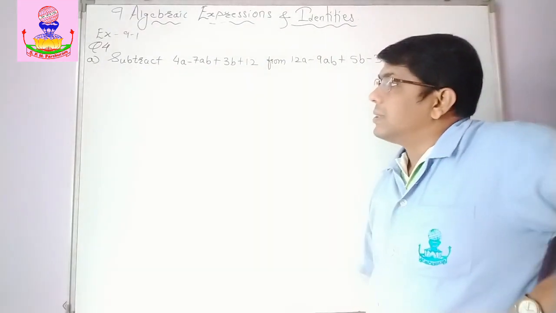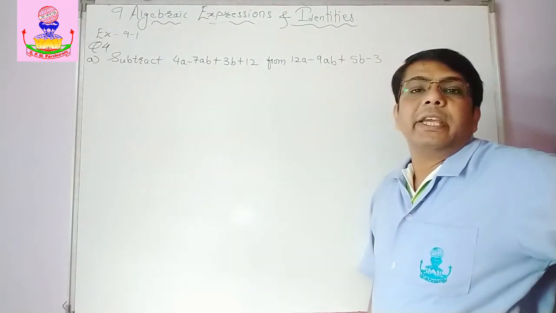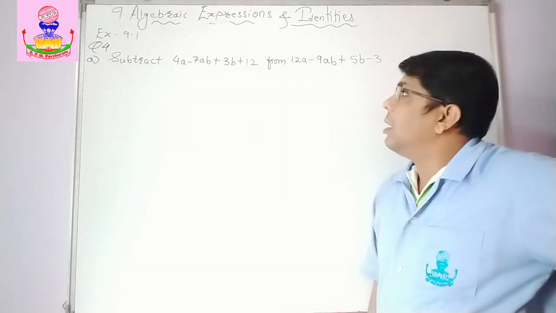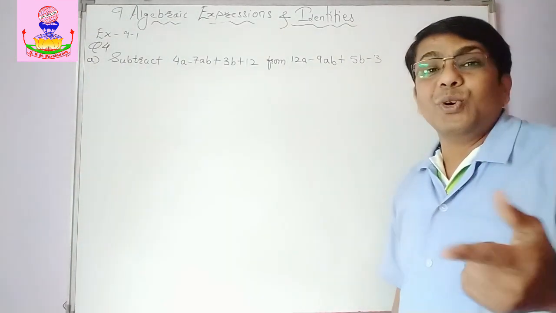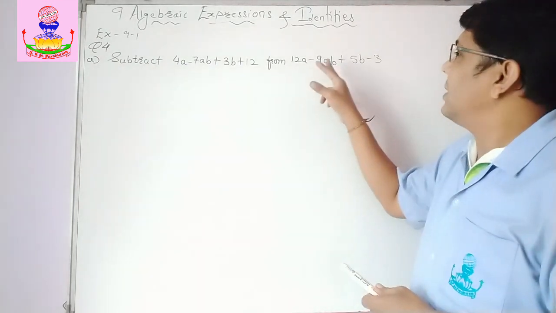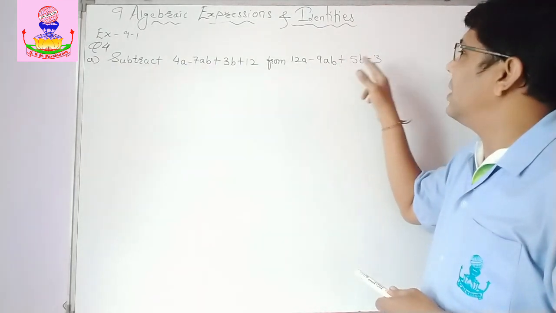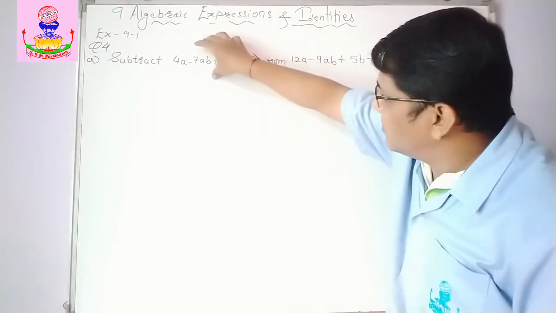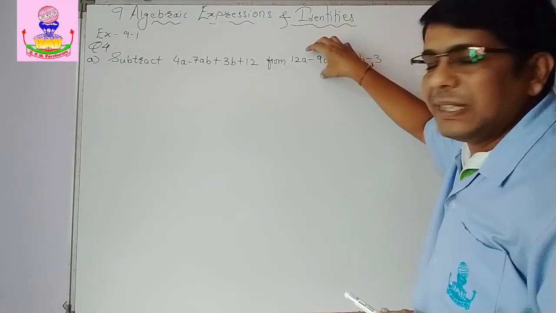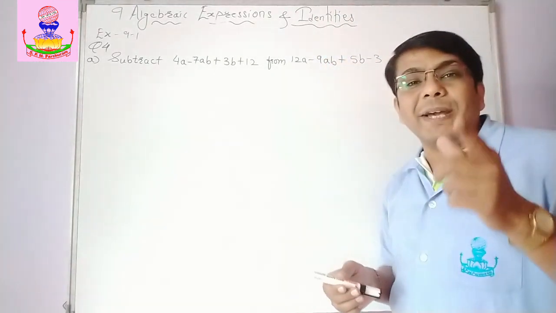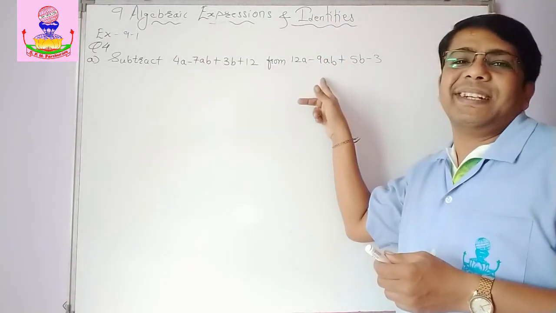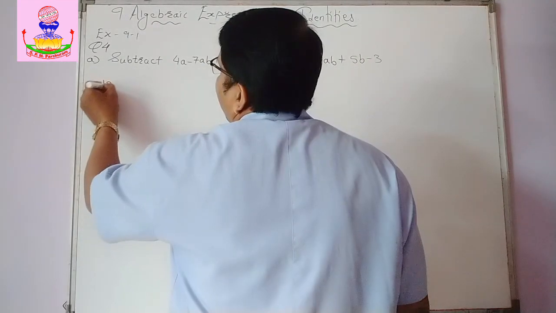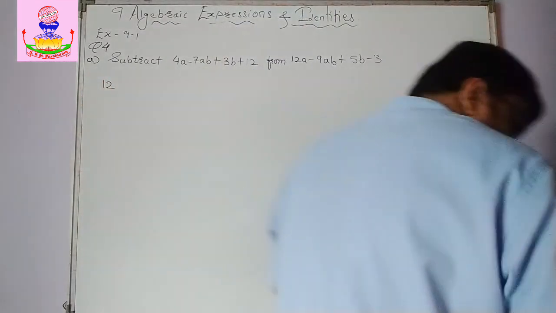Now see question number 4, subtract 4a minus 7ab plus 3b plus 12 from 12a minus 9ab plus 5b minus 3. Okay, so this term has to be subtracted from this term. So which one will come first? Definitely this will come first. Okay, so 12a. So I will write that first term.